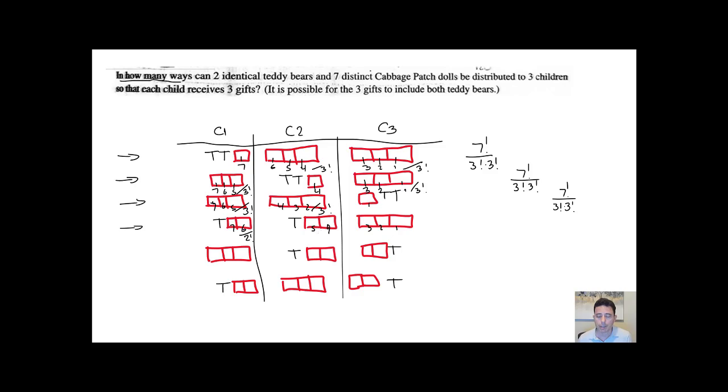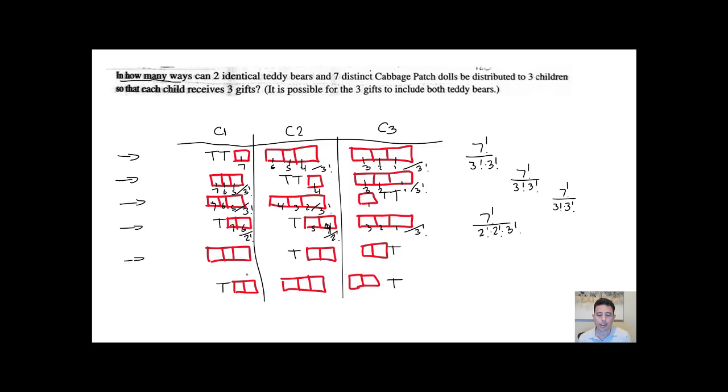This would be 5 times 4, right? This is 4, also divided by 2 factorial. And this is divided by 3 factorial because it has 3 spots. So this would be 7 factorial divided by 2 factorial times 2 factorial times 3 factorial.